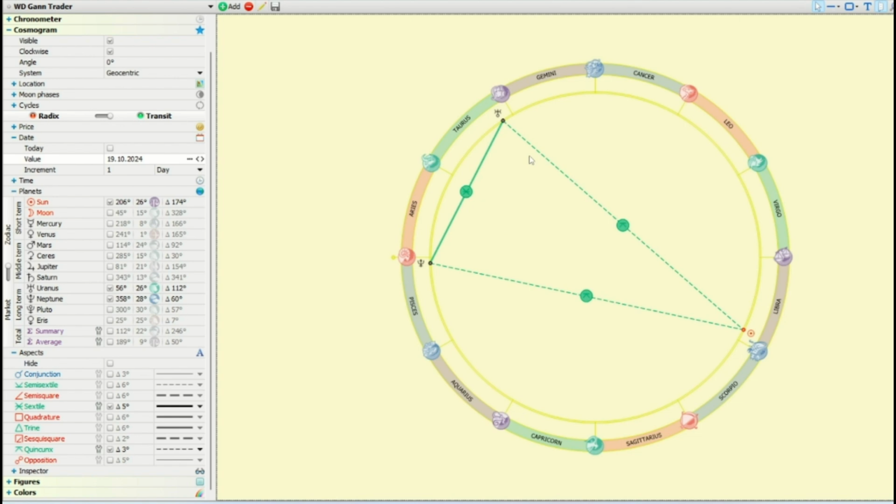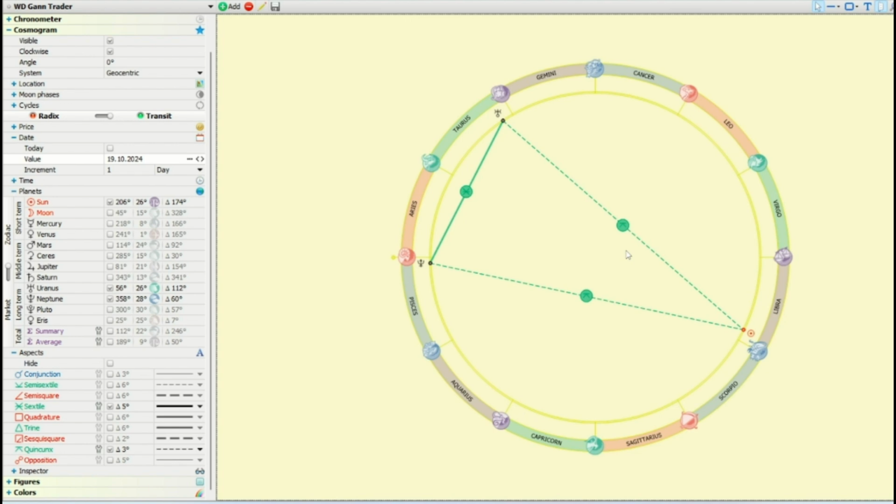The reason behind it is that Uranus sextile Neptune is largely positive, meaning it is good for the market, while Sun quincunx Uranus and Sun quincunx Neptune are challenging aspects, meaning they are not good for the market. So we can say the combination of both aspects, sextile and quincunx, leads to both growth and challenges, meaning it is good for the market and also bad for the market.